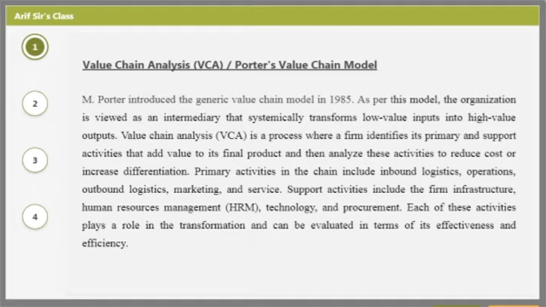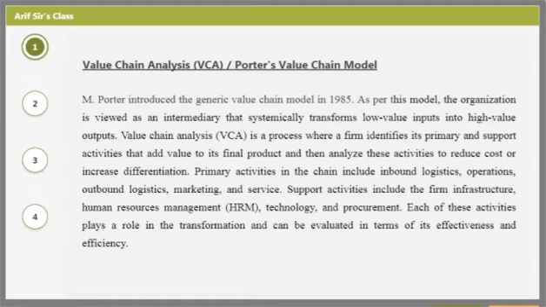Now, what happens in value chain analysis? In value chain analysis, a firm first identifies its primary and support activities that add value to its final product, and then analyzes these activities to reduce cost or increase differentiation.